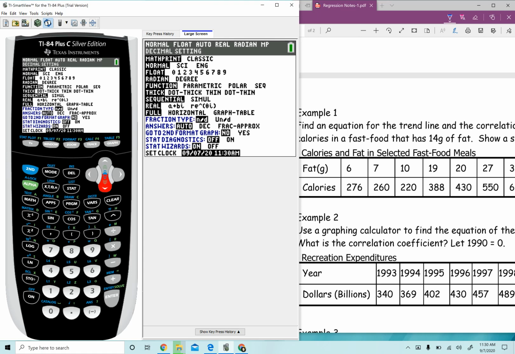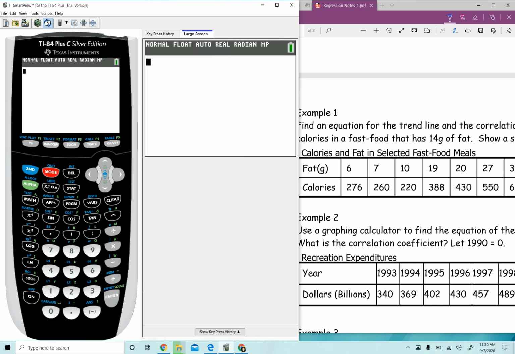Arrow down, and you would turn that on. And then we would quit out of there. I'm going to hit enter again, so it'll bring it back up.